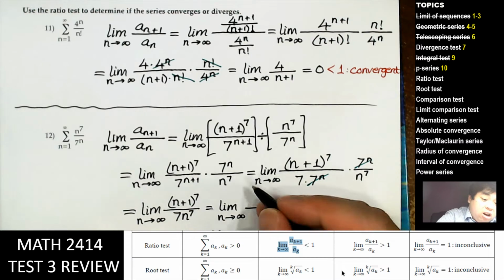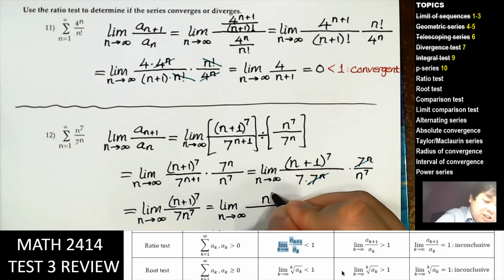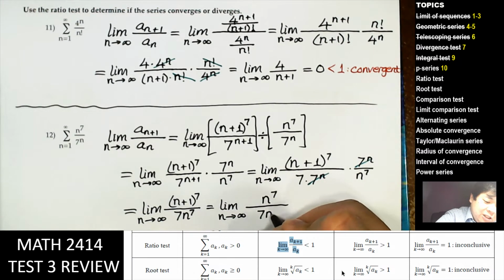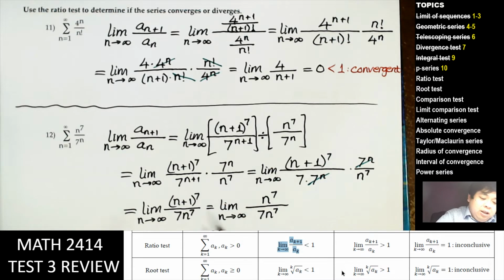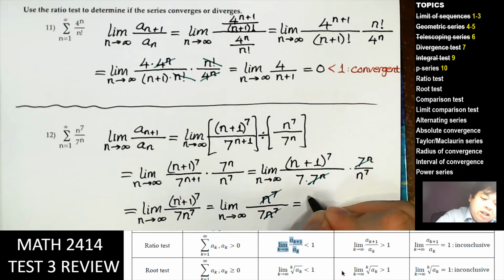So plus 1 or not doesn't really matter. Or we can say between those two, this one has the higher power when n goes to infinity. This is the only term that matters. We cancel this out. It is 1 over 7.